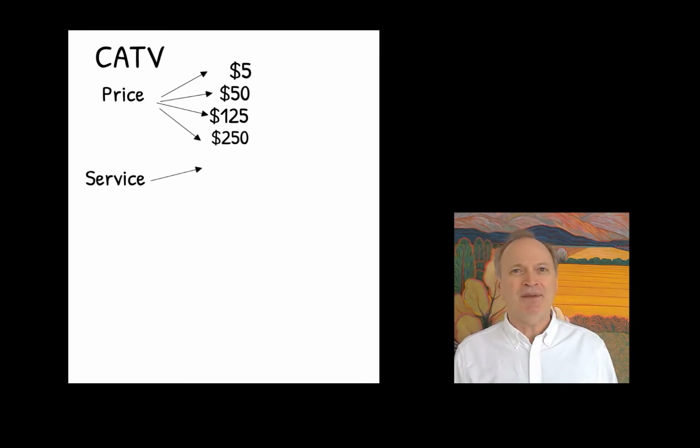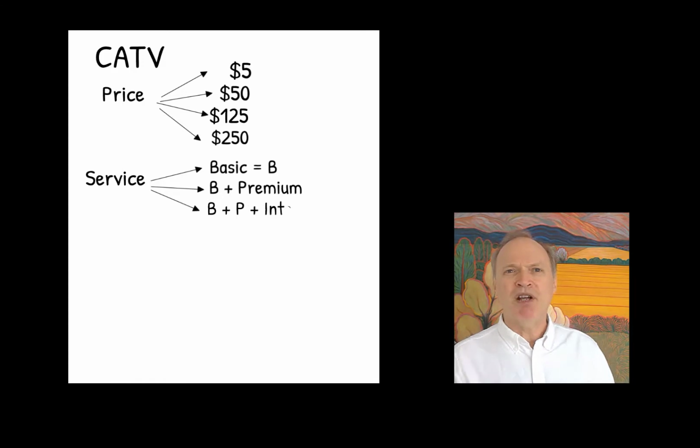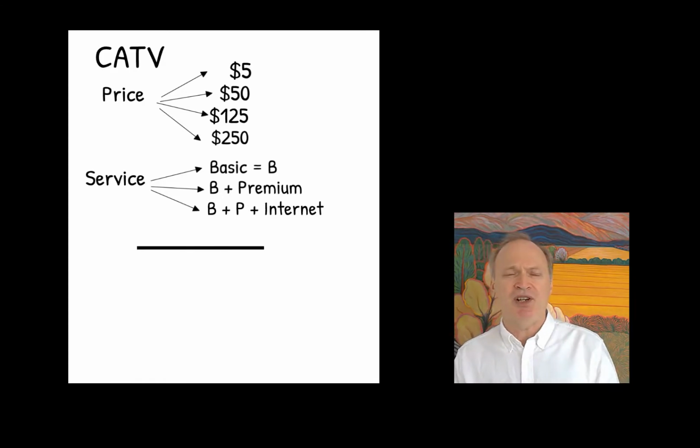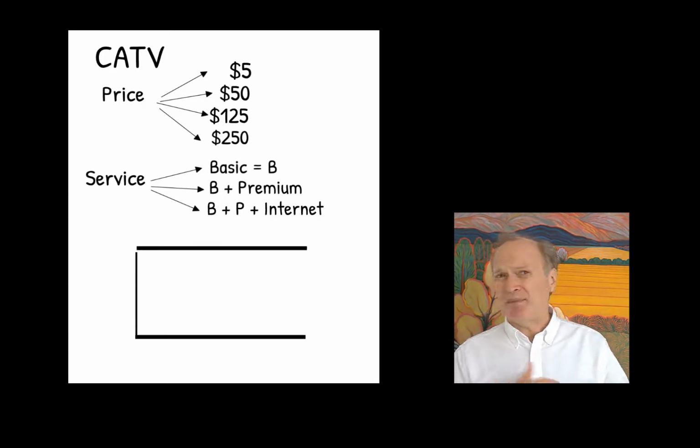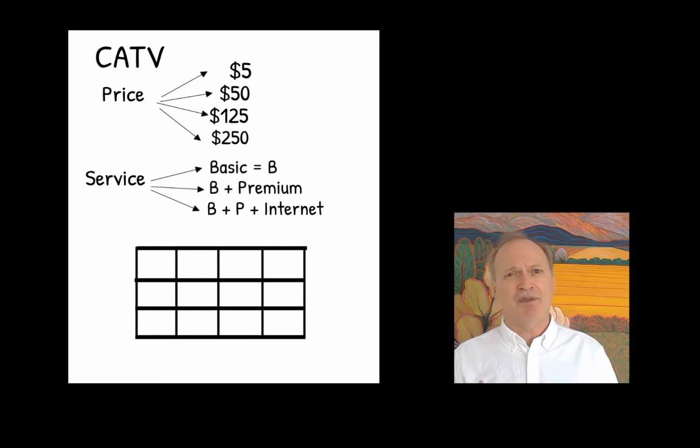Well, let's do basic, basic plus, premium plus internet or broadband. Now, this is a study you would do if you wanted to bundle broadband services with your cable operator. You could also add other things like mobile phone service, quadruple play, triple play, all these kinds of different ways of bundling telecommunication services together. What should we price it at?